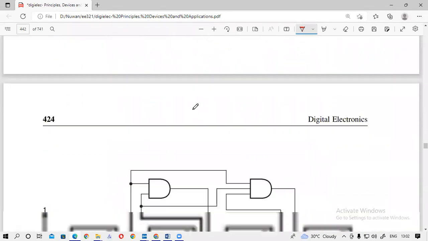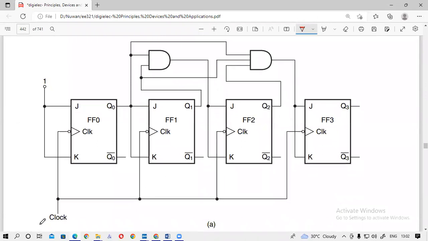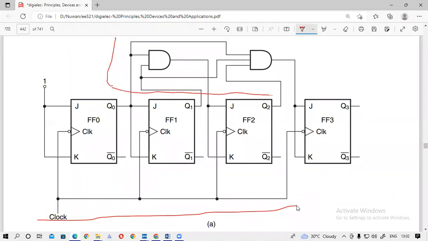This is the basic logic circuit, and there is an additional combinational logic circuit added. You can see that the clock is given simultaneously to all the flip-flops.